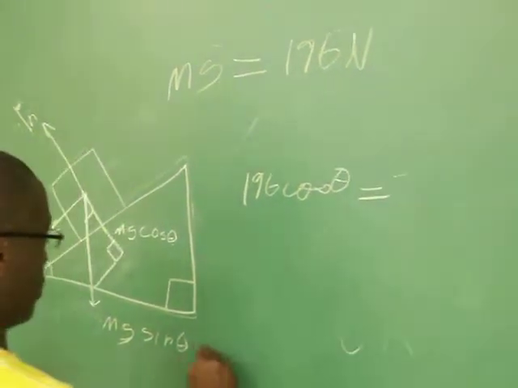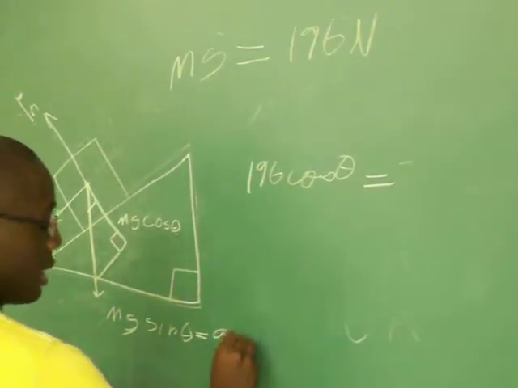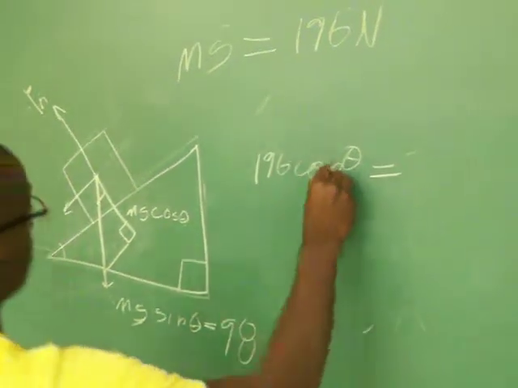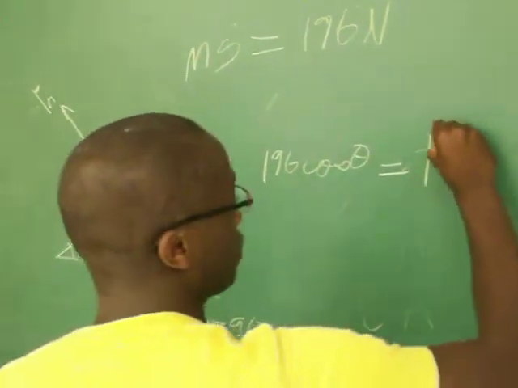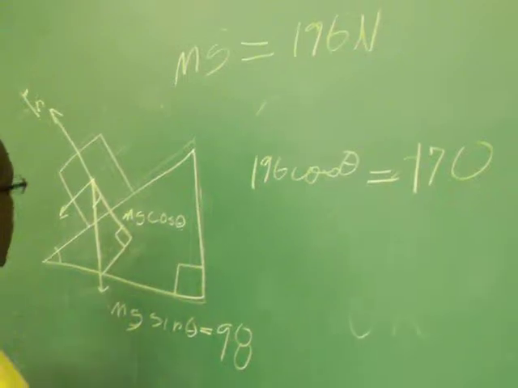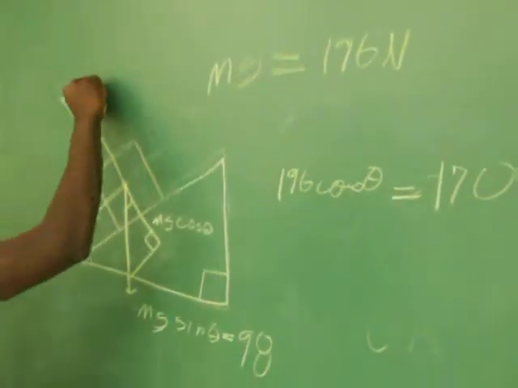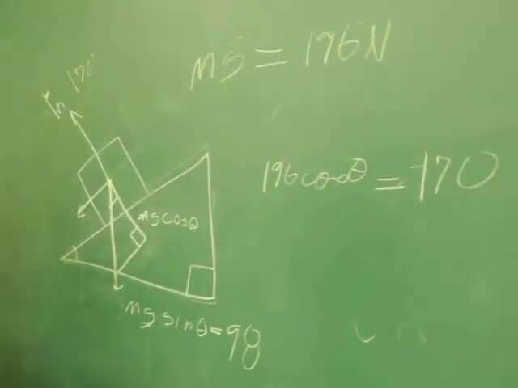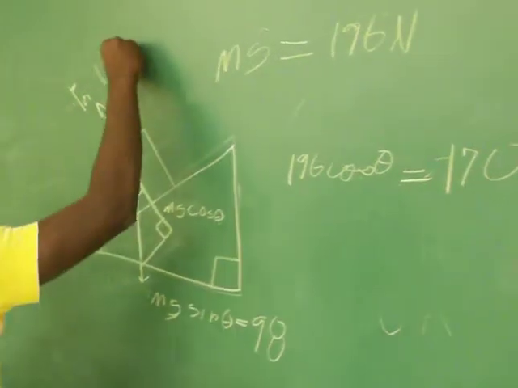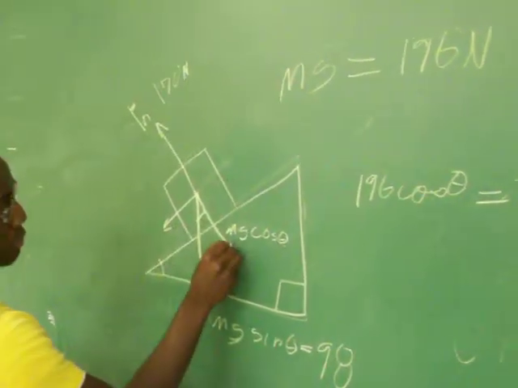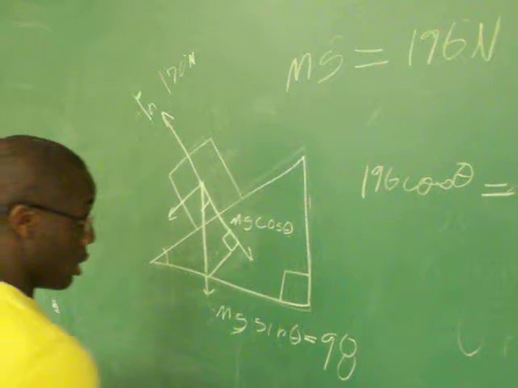Cosine. Oh, no, wait, this one's 98, but this one's not. Sorry about that. This one's 98. What's this one? That's 170. This one equals 170. That means this normal force is approximately 170, exactly 169.7 newtons.